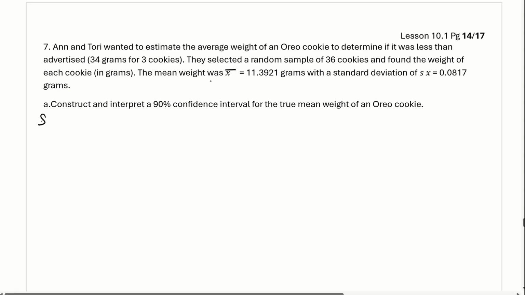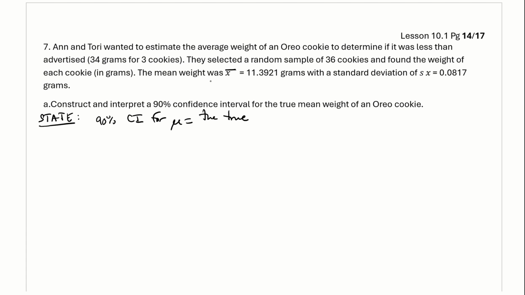Okay, so let's do the state, right? All right, so we're doing a 90% confidence interval. Or yeah, let me be more specific. Confidence interval for mu equals the true, let me see, the true mean weight of an Oreo cookie.